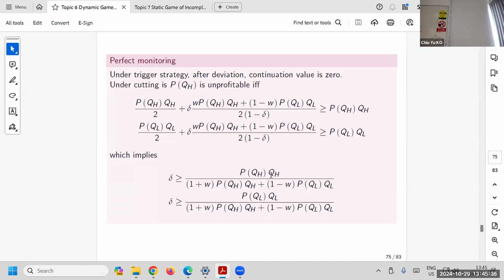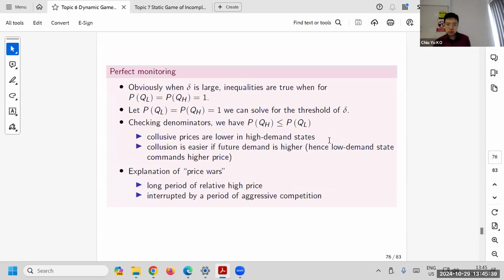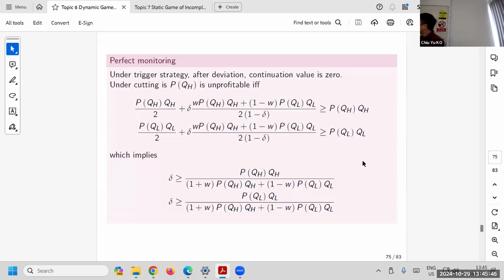That's how you get that number there. Okay. So that's how you get it, because you want both inequalities to be the same, right? You set the equal threshold, set this as 1, then you get QH, just P of QH. Okay? Is that okay?